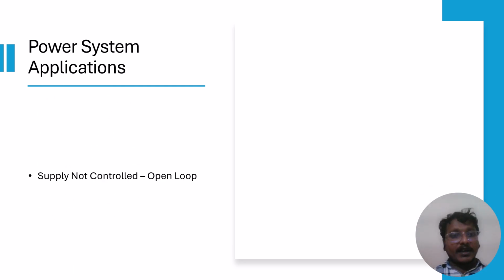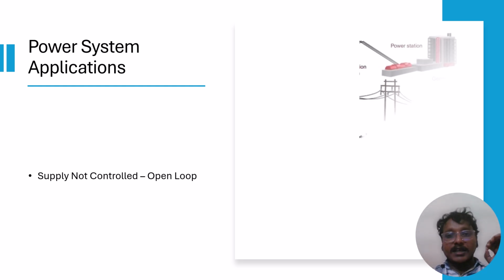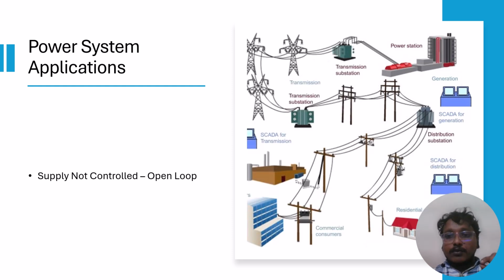Okay. Now we will go to the power system applications. In power systems, the voltage coming to our homes, for example 230 volts, is a fixed one. If that is not controlled, then wherever the generation is happening, after the generation, transformation, transmission, all of it will collapse and heavy noise will be present at these places.